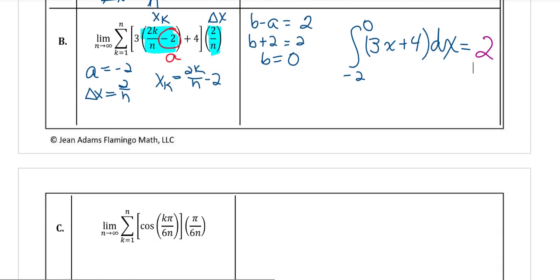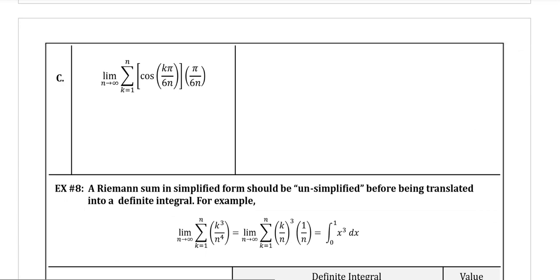Okay, on the next page, there's one more of these. And again, same thing. You can see right away looking at these, this is your delta x, and this is your x sub k. If you notice, there's no addition or subtraction there. So that tells us right away that a is equal to 0.